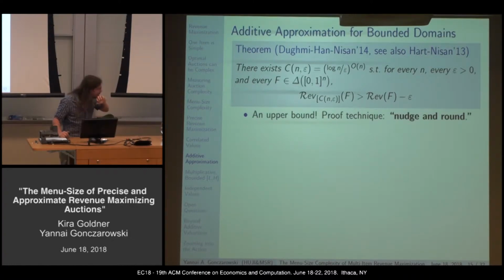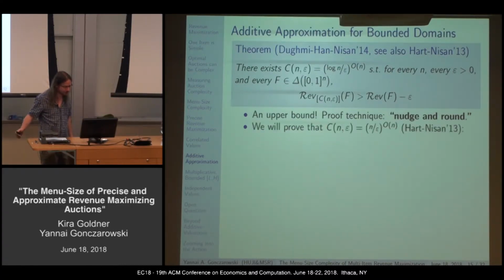I want to go over this proof because it's simple, because it's powerful, because basically every important upper bound that gives you revenue up to epsilon has this hidden as a stage in it, to the best of my knowledge. And because we're going to have some open questions about how to improve these bounds, it's going to be important to understand what's going on here in order to better understand the open questions.